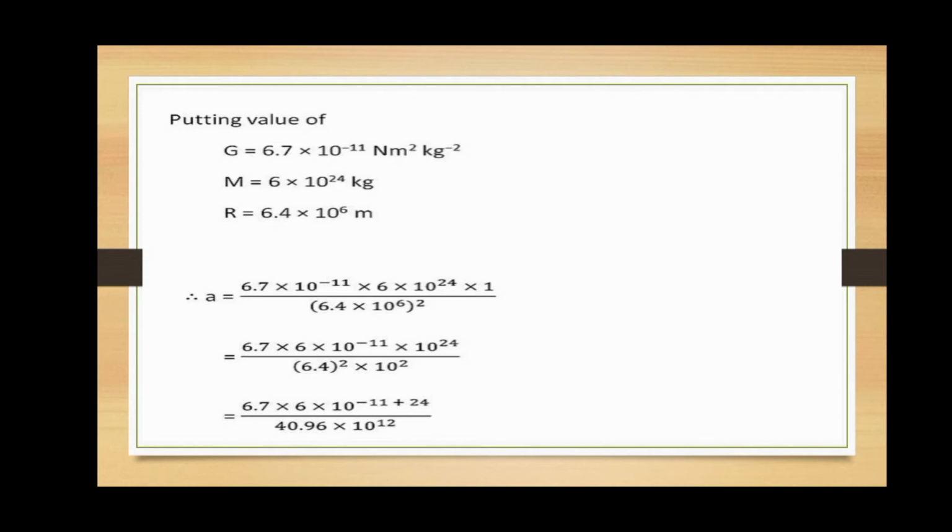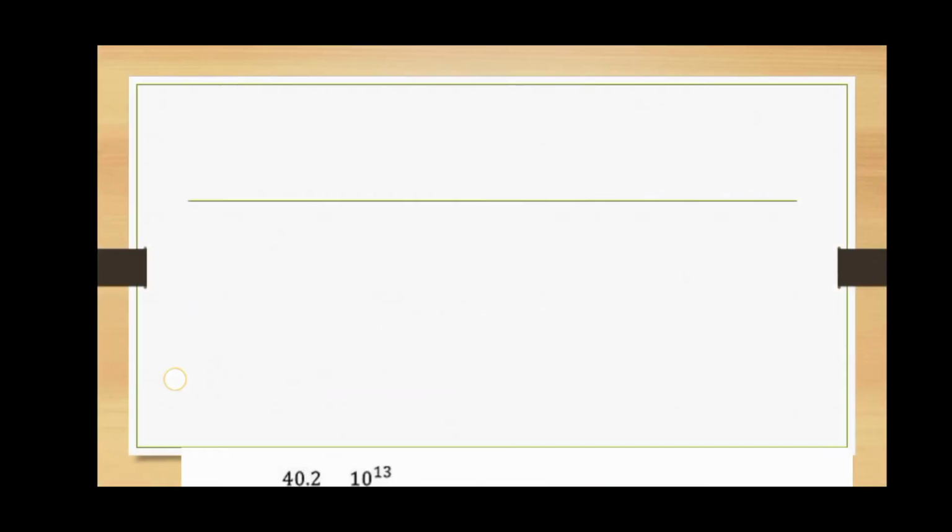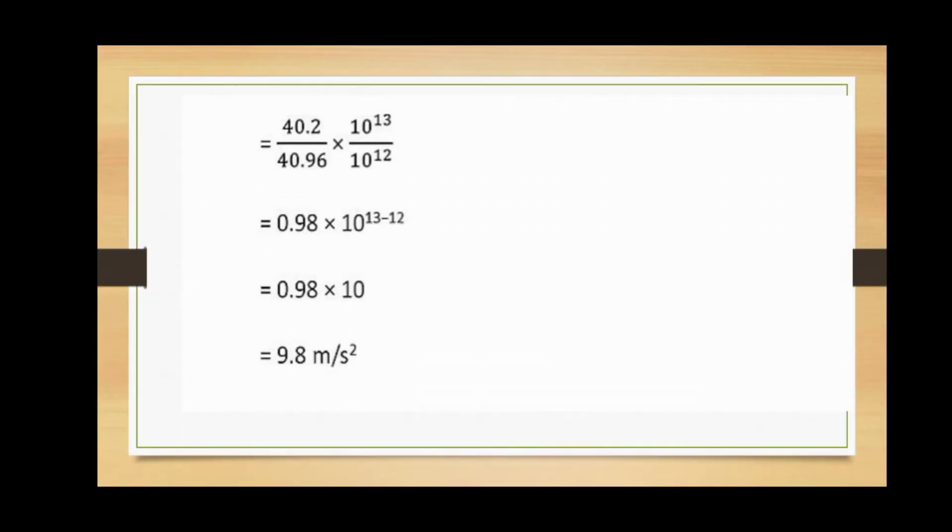By substituting the values in the formula, we get the answer as 9.8 meter per second square. So the value of acceleration due to gravity g is equal to 9.8 meter per second square.